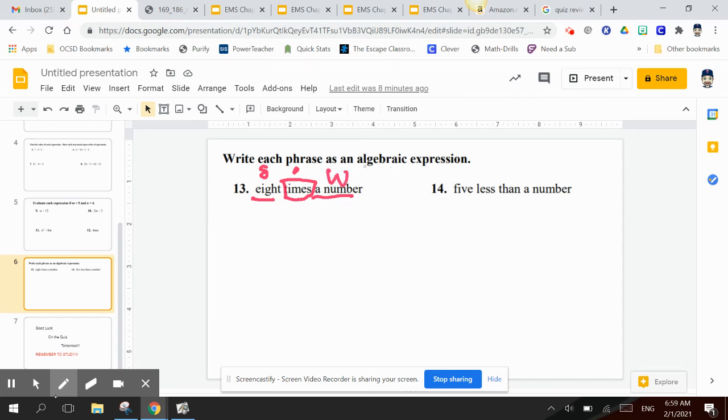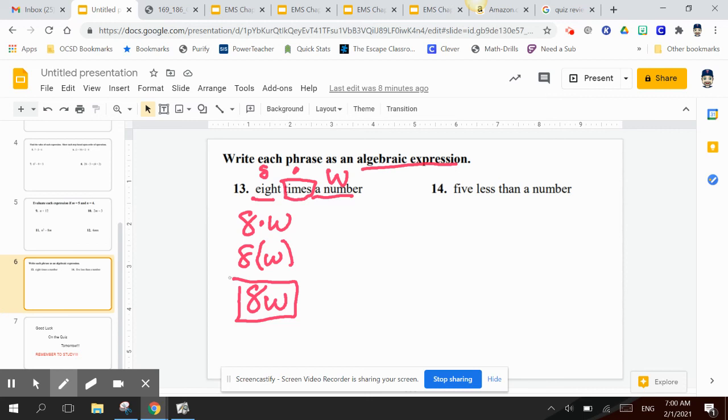So to write an algebraic expression using those, I can write it one of 3 ways. I can write it as 8 dot w. I can write it as 8 with w in parentheses, or the one I'd like to see you use is the one where you have the number and the variable side by side.